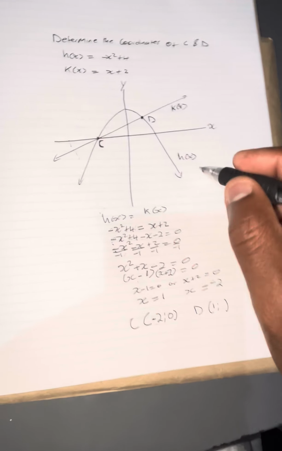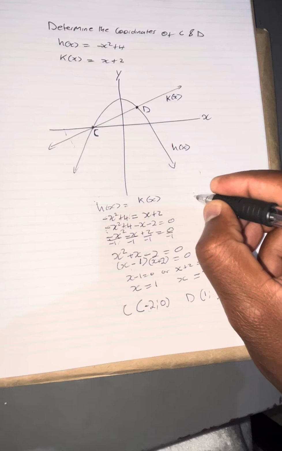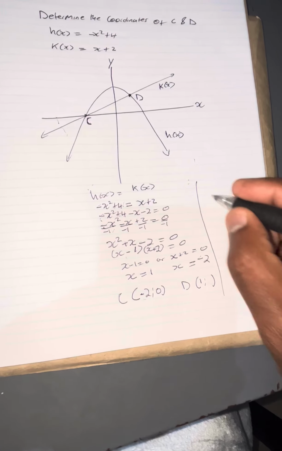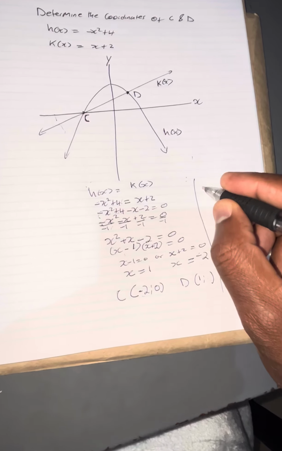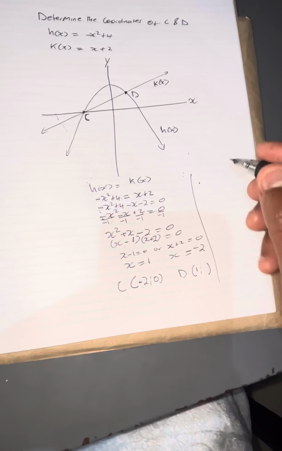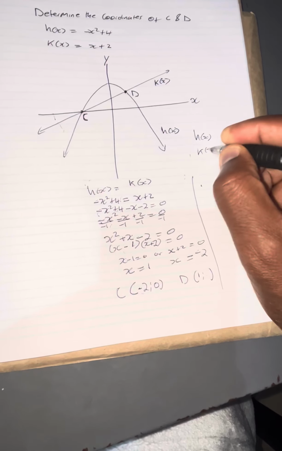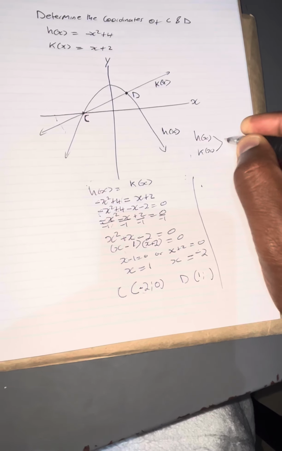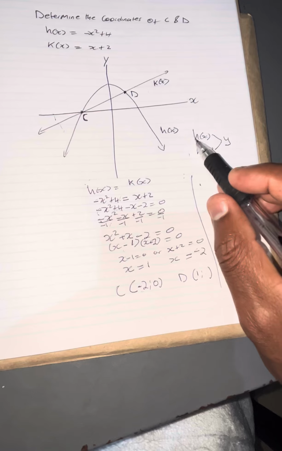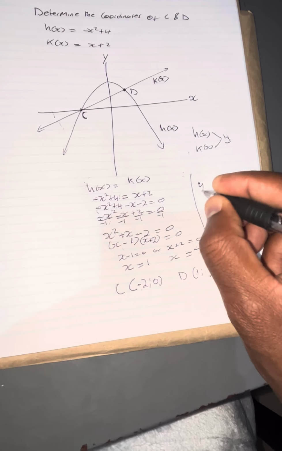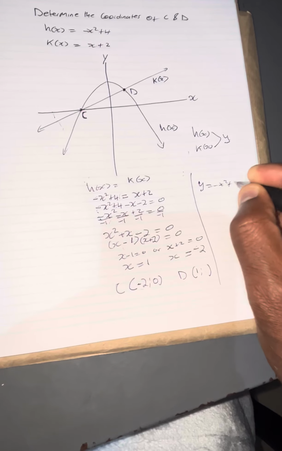So in this case, if you are using h of x, because we said that h of x and k of x are equal to y. It means where there is h of x is y. So let me use h of x. y is equal to negative x squared plus 4.